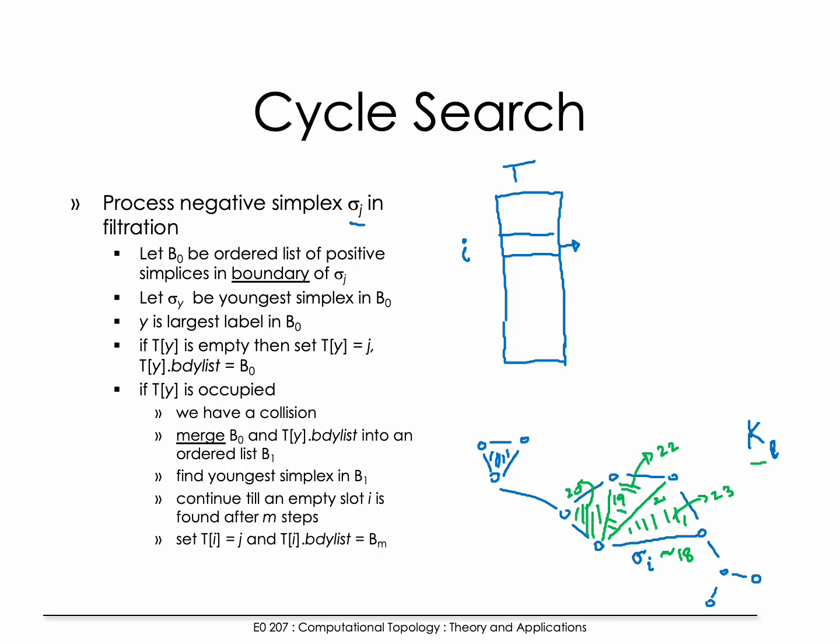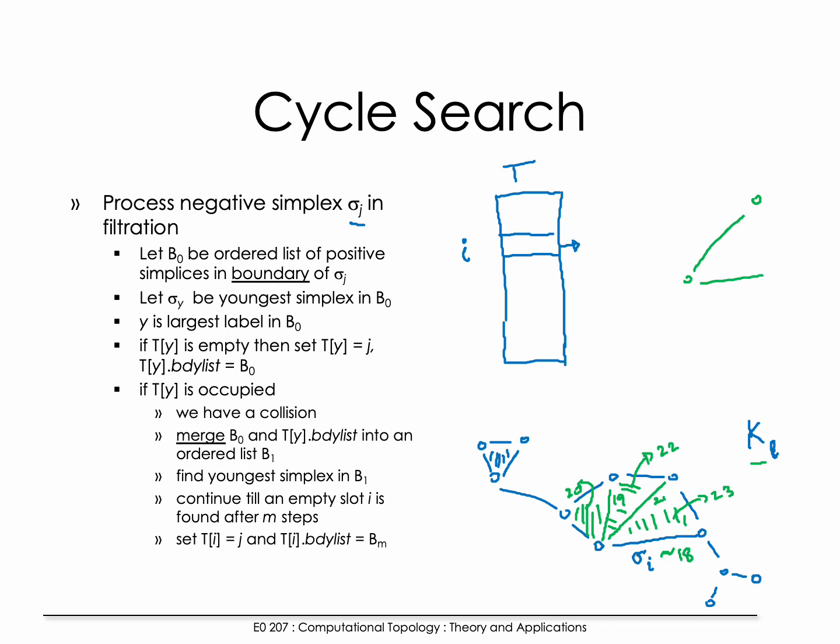Now I want to find the pair for 23, and I want to find that it is 18, right? So the question is, how do I find it? That's what we're going to do with the cycle search algorithm. So let's look at 23, and let me draw it here.